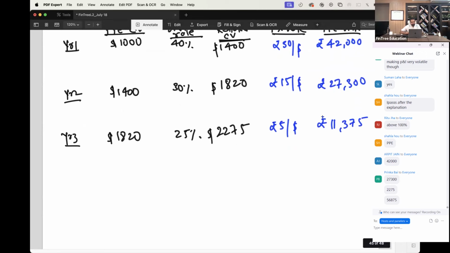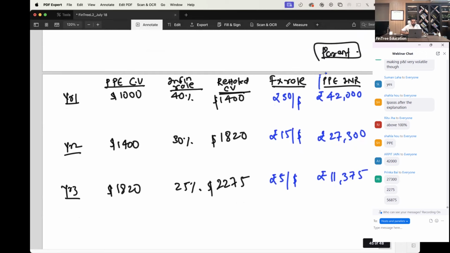11,375. So imagine now you're an analyst sitting in India and you're looking at the consolidated balance sheet of this company, and you know that this company has a plant in the US. The first year when you see the value, it is 42,000. Next year you see the value and think, oh, maybe it's depreciation, 27,300.